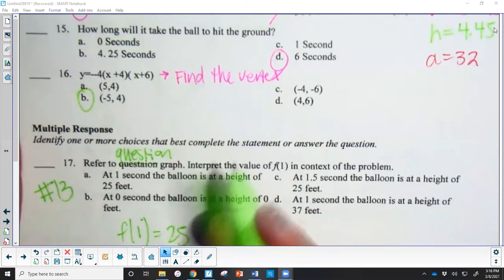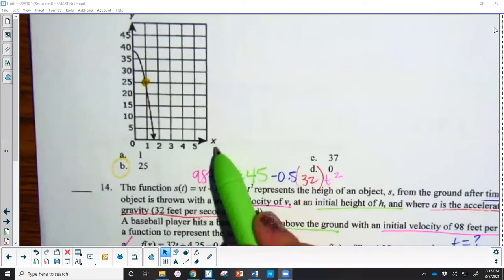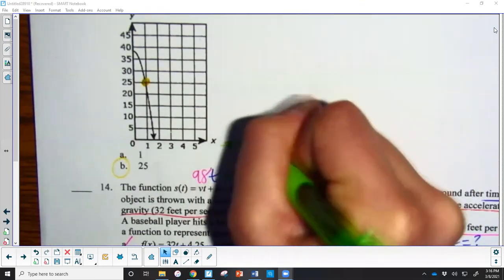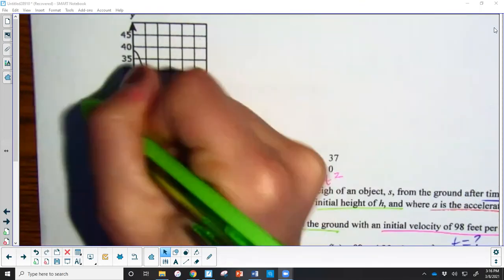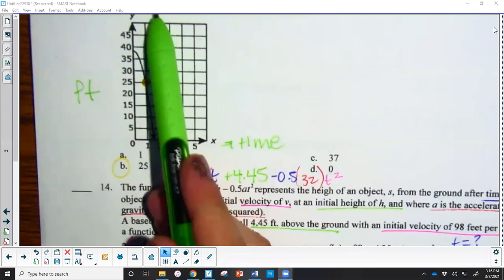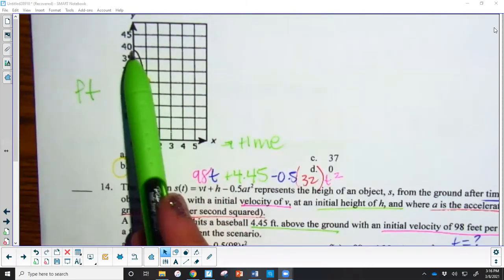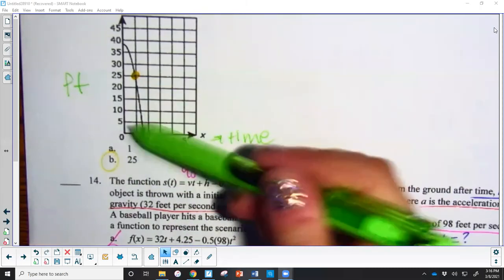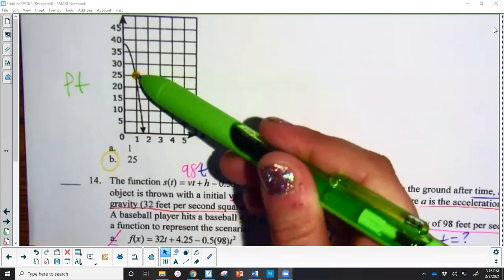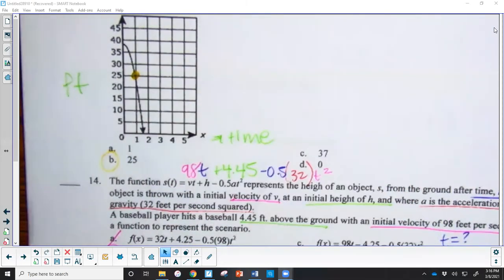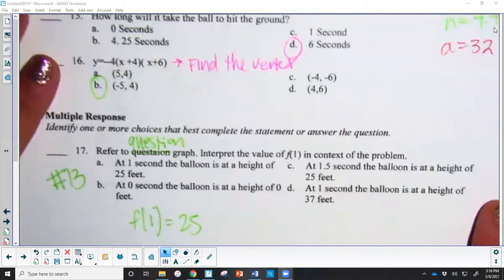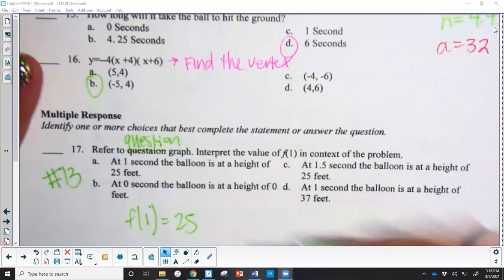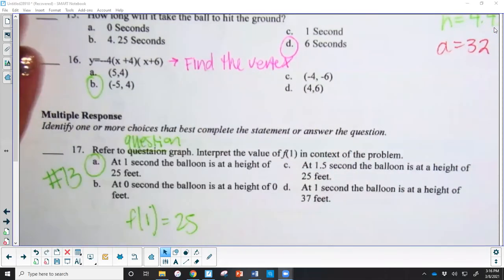Remember, our x's up here, x was time, and then here was feet. So the water balloon was dropped from, it says, 38 feet high. So at 1 second, how far was the water balloon dropped? It was at 25 feet. So at 1 second, the water balloon was at a height of 25.